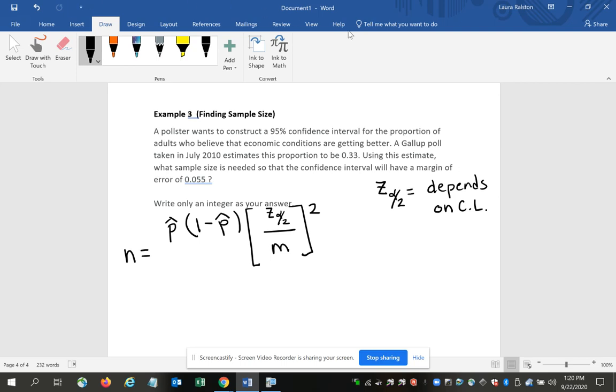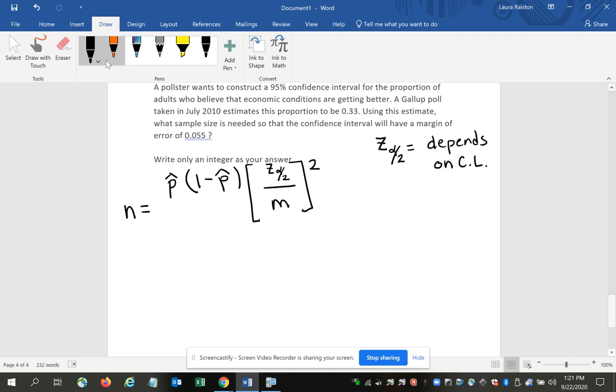Okay, so before I start this problem, I read through it, and then I want to try to identify my information. So it says a pollster wants to construct a 95% confidence interval for the proportion of adults who believe that economic conditions are getting better. A Gallup poll taken in July 2010 estimates this proportion to be 0.33. Using this estimate, what sample size is needed so that the confidence interval will have a margin of error of 0.055?